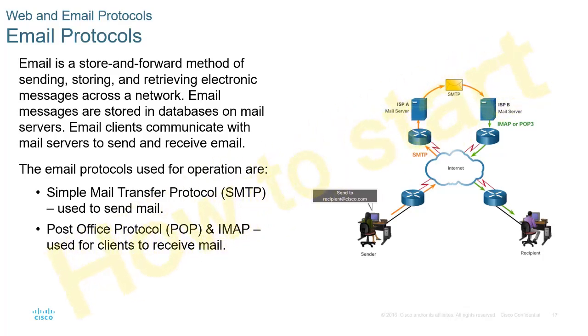So when you go to send an email, you will send SMTP using the SMTP ports and it will go to a mail server. The mail server will then have to forward it to the recipient's mail server for them to download it using one of their email services for receiving. Again, IMAP or POP.